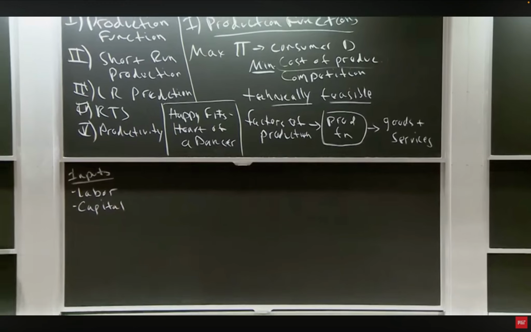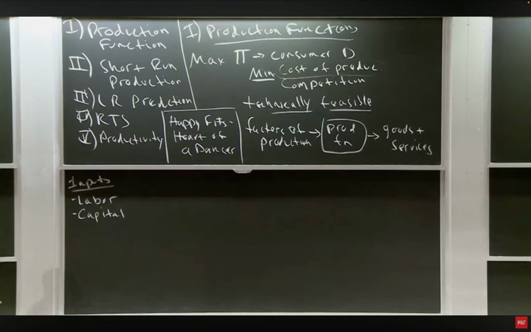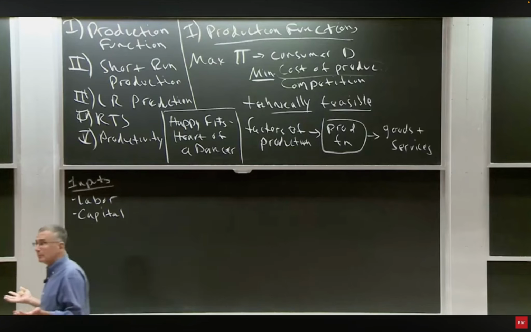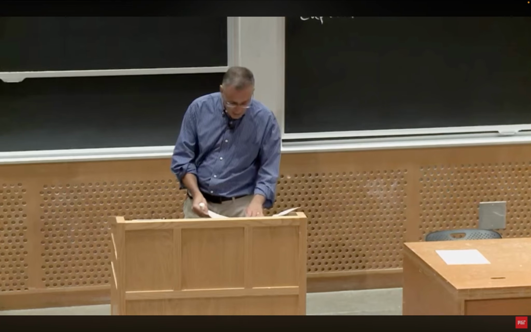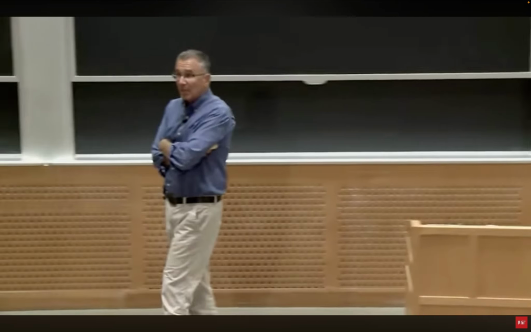Labor, it's clear what labor is. It's the amount of hours that people work at your firm. So labor is literally how many hours are devoted towards work at your firm. Hours are provided by individuals in the labor market.